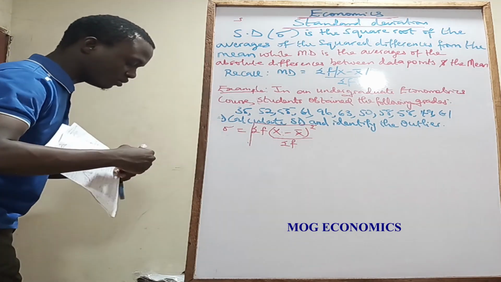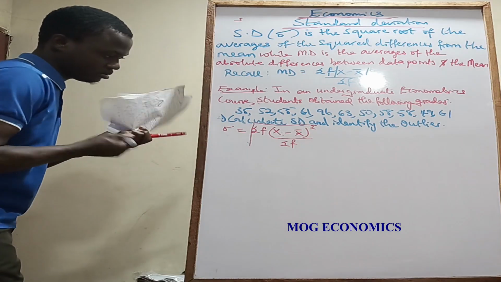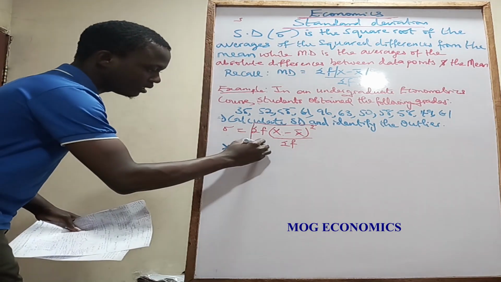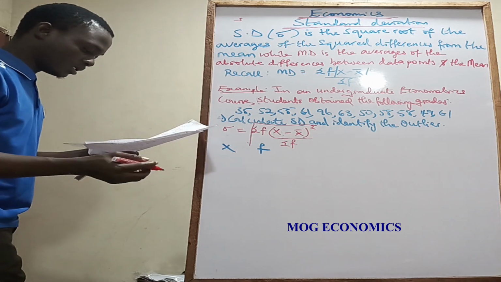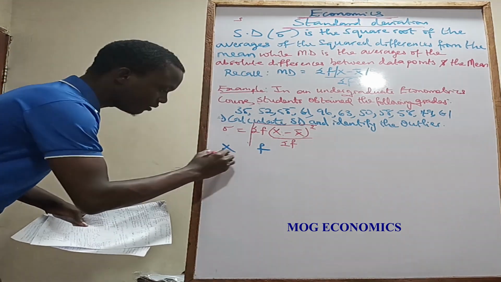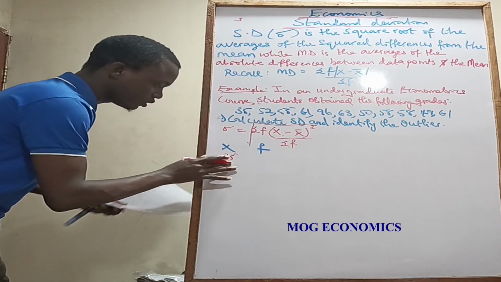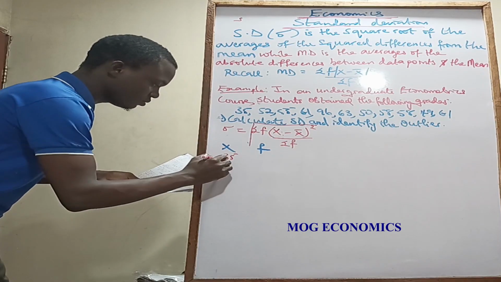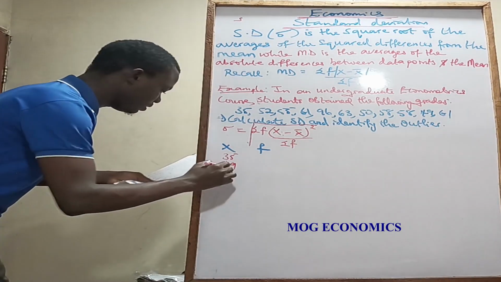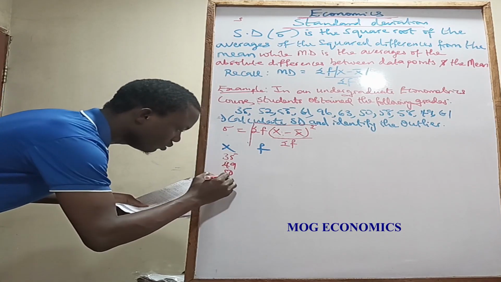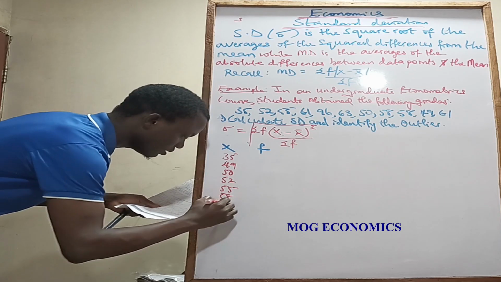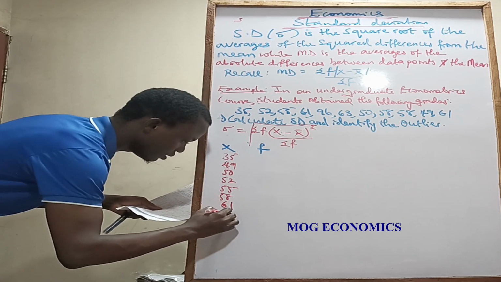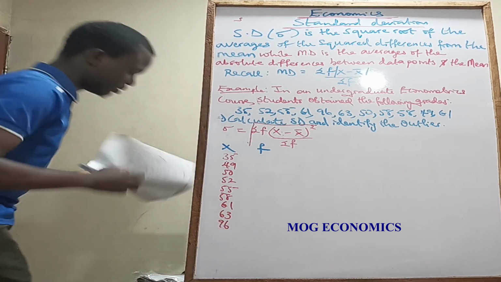Remember that I've got to rearrange. So I have X, and then I have frequency. When I rearrange in ascending order, I have 35, 49, 50, 52, 55, 58, 61, 63, and 96.